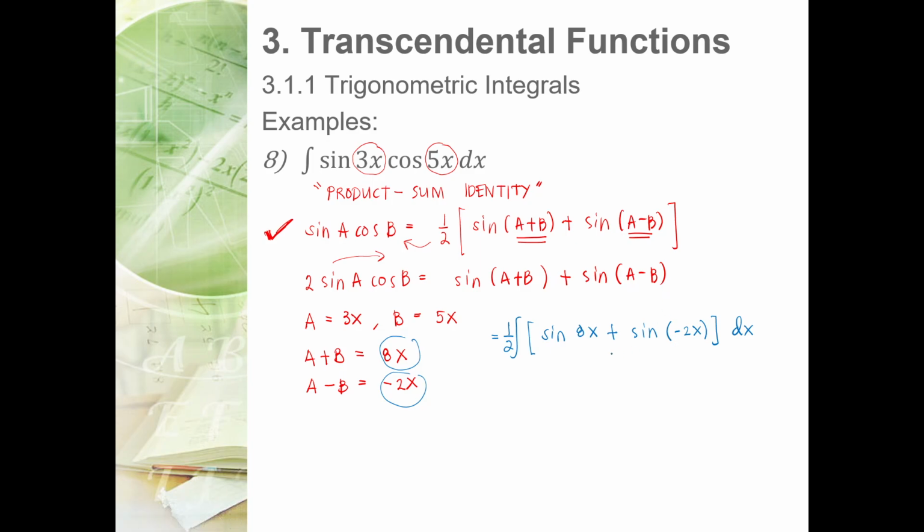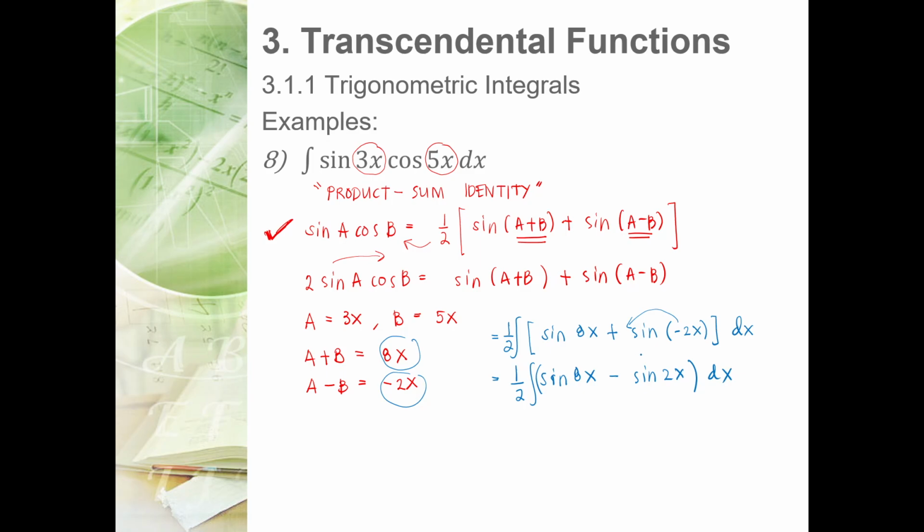Simplifying it even further, this becomes 1/2 integral of sine 8x minus sine 2x dx.